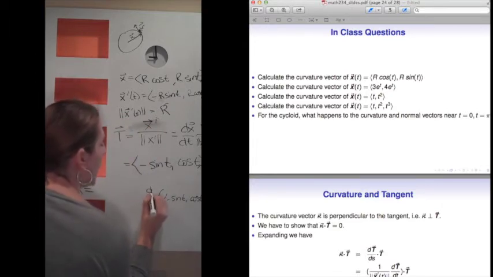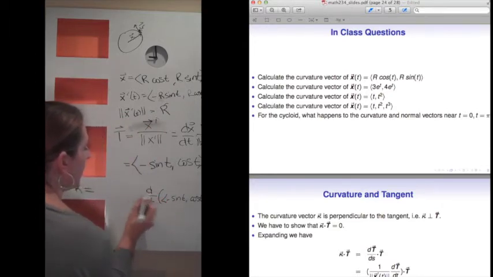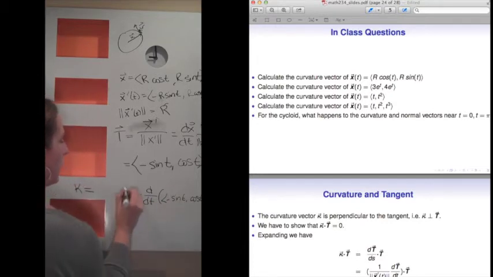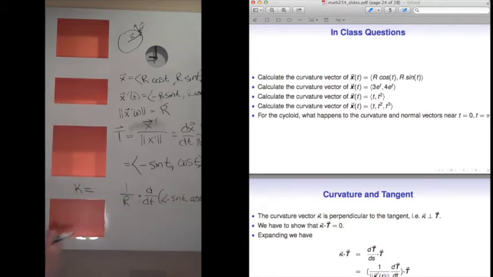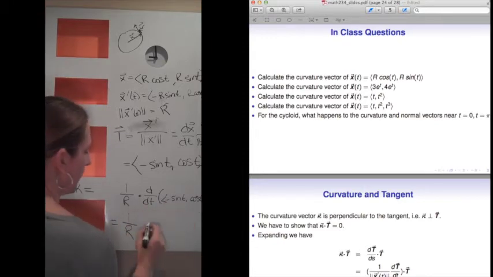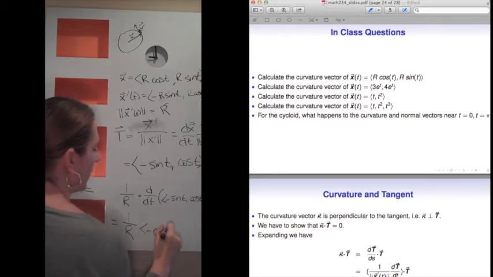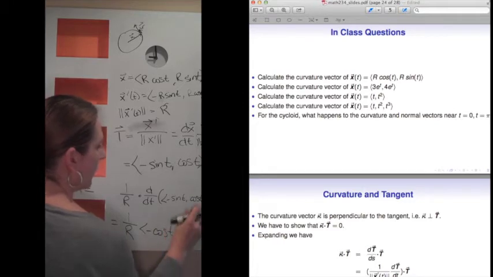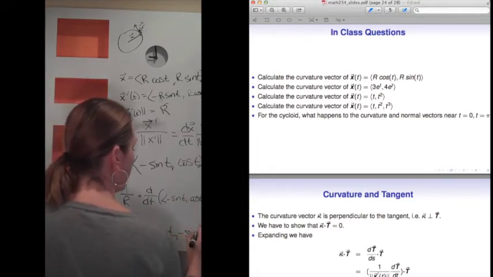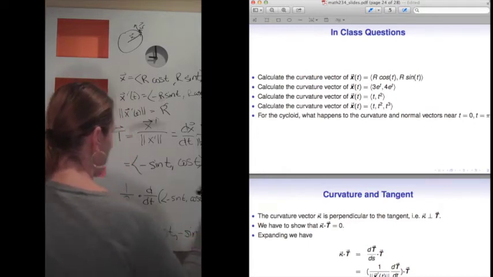In other words, I'm going to compute a second derivative, and then I want to normalize by r. Okay, and if you do this, what you will get is 1 over r. When I differentiate this guy, I get minus cosine t. And when I differentiate this guy, I get minus sine of t.